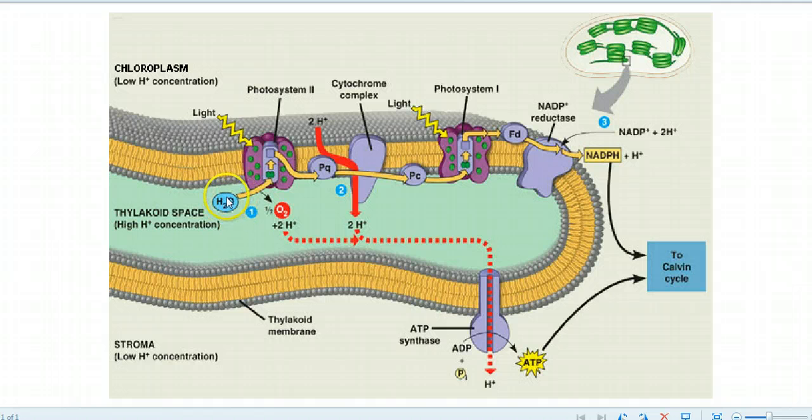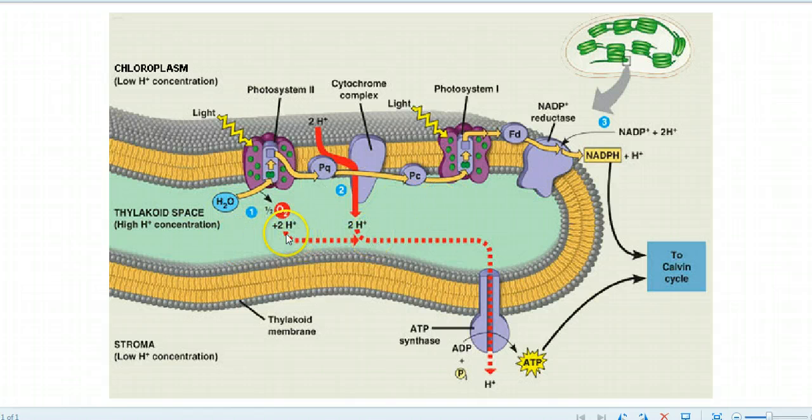It came from this water molecule. So all the water that the plant absorbs through its roots goes into the thylakoid space, and water is broken down in a process called photolysis. Photo meaning light, right? And lysis meaning to cut. So this water molecule is split by light. Now a hydrogen ion is released into the thylakoid space.